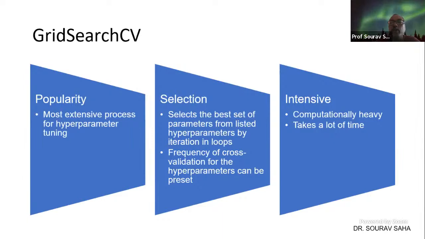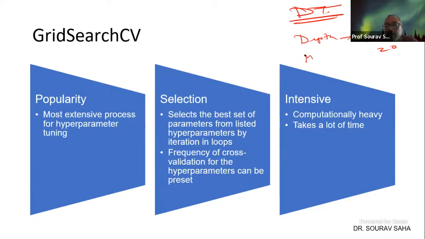Say, for example, if you're doing a decision tree, the hyperparameters are the algorithm, so you can use Gini, you can use entropy, you can use the classification error. Then you also look at the depth, which can be 1, 2, 3, all the way up to, let's say, 20.